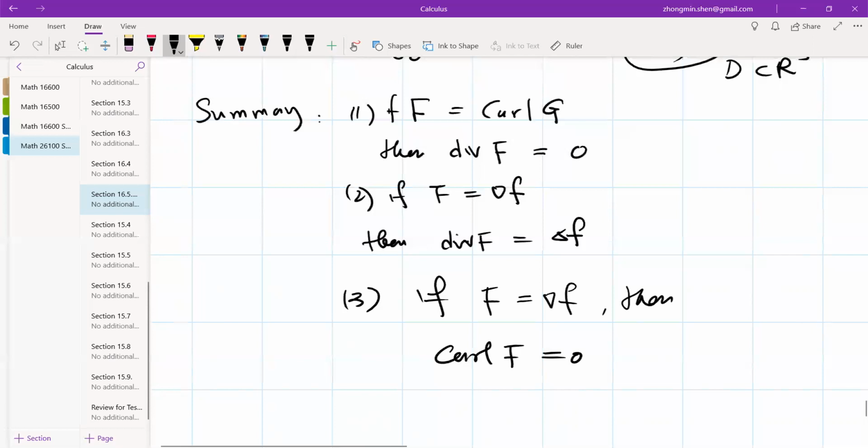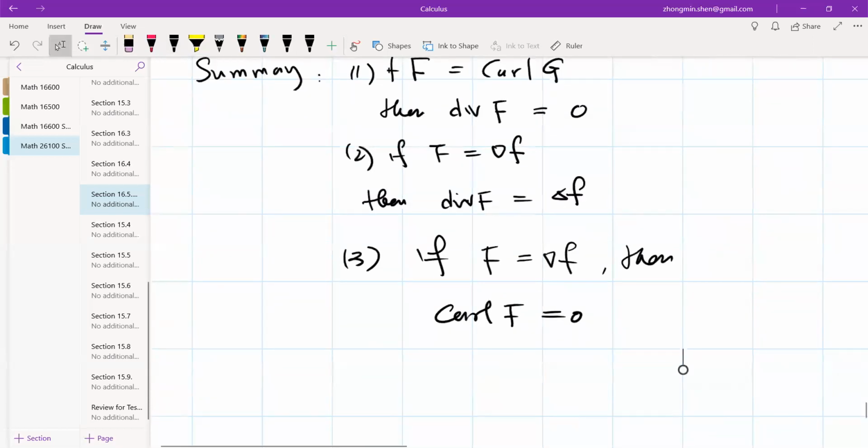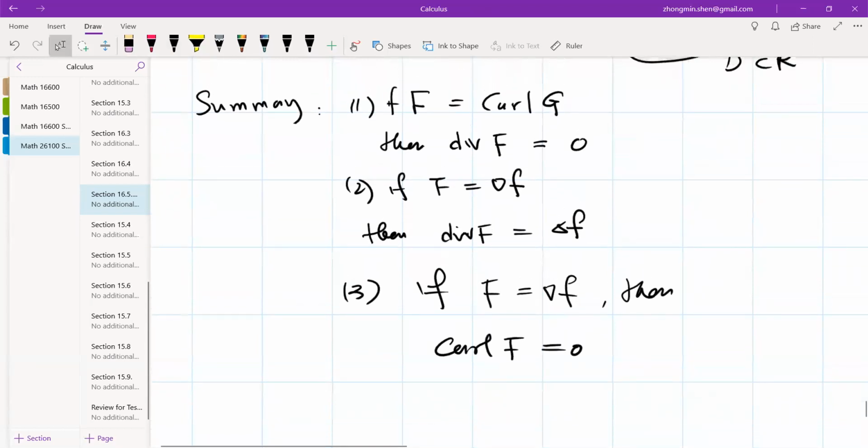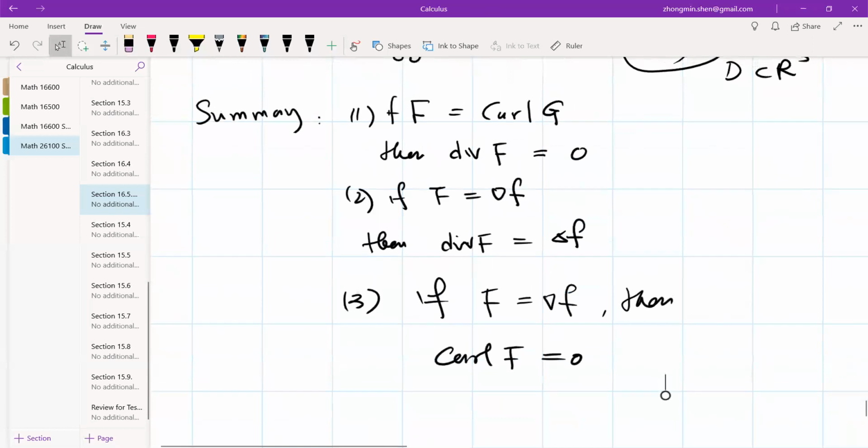But conversely, this is not true. If the curl of f is 0, whether you can always find a little f depends on the type of the domain. If the domain is a rectangular box, yes, or the whole R3. Otherwise, this is not true. So what kind of vector fields do we have here?